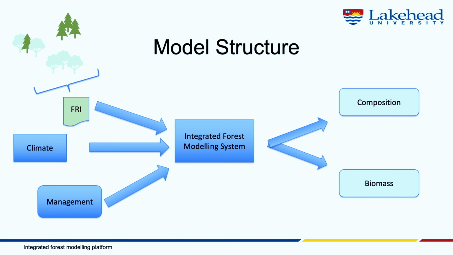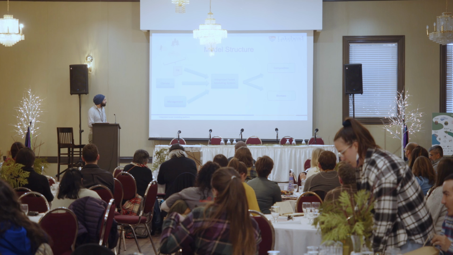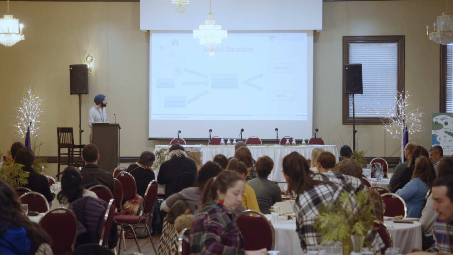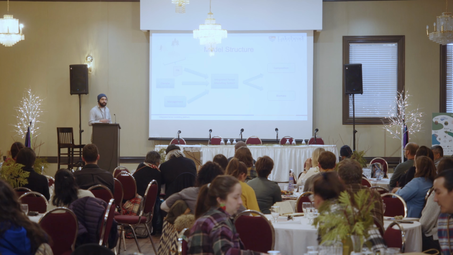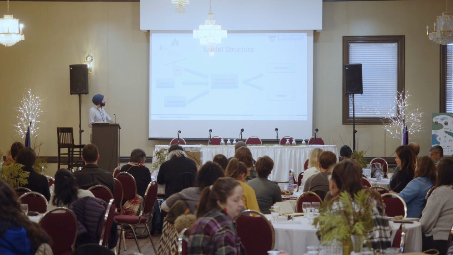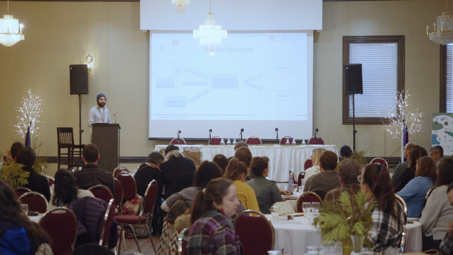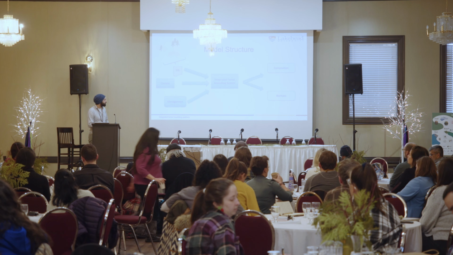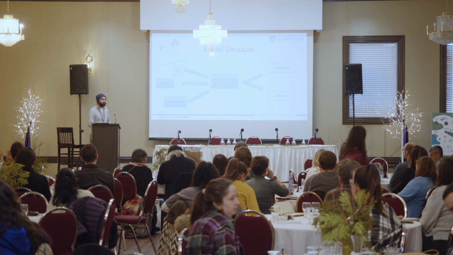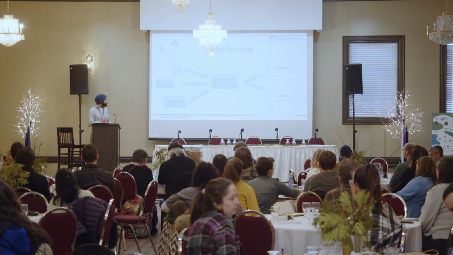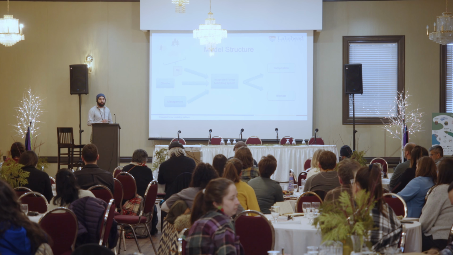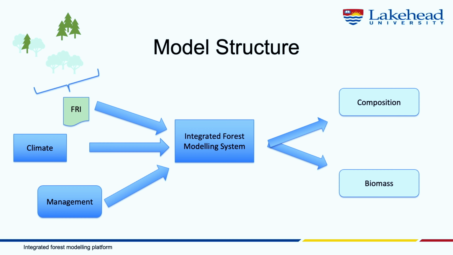Ultimately, what this modeling system does for us is show us what growth will look like, based not only on our standing historical data, but also on some of the new climate data that we're able to introduce based on those RCP reports for temperature and precipitation. We're also able to manipulate our management scenarios here and explore those new and innovative techniques that are on the landscape.